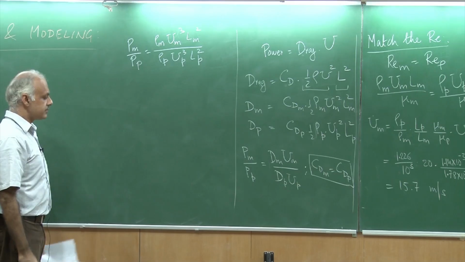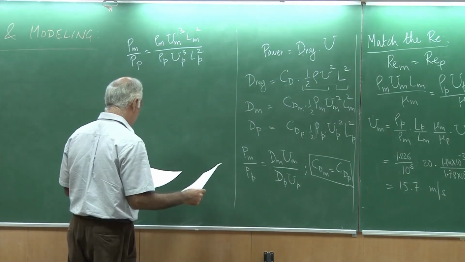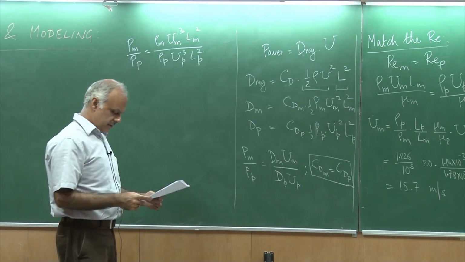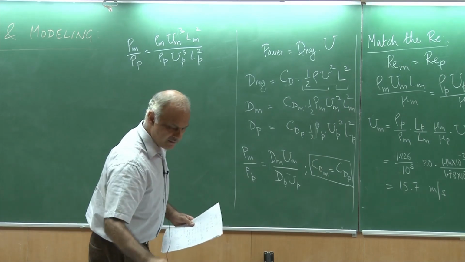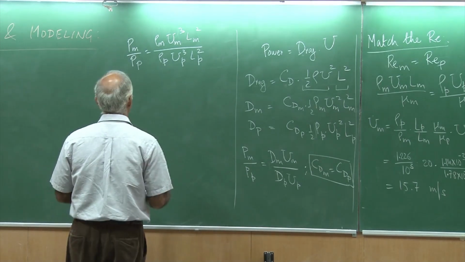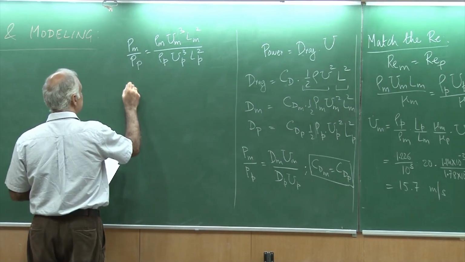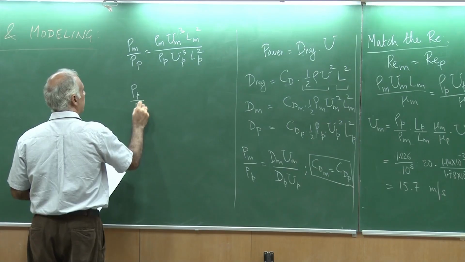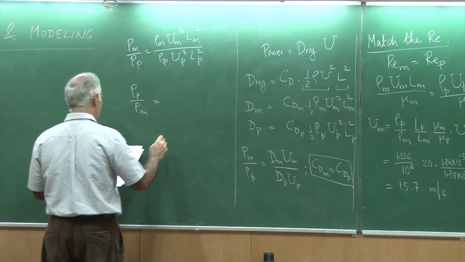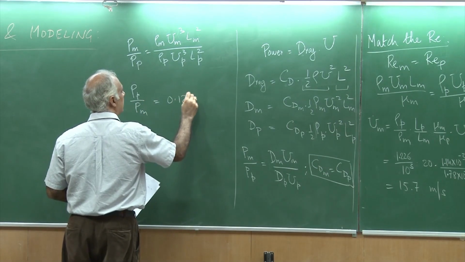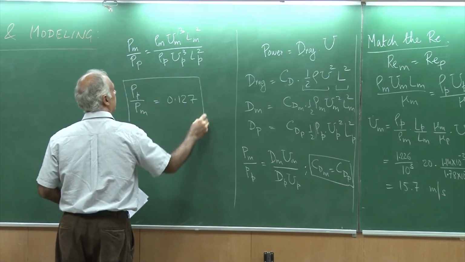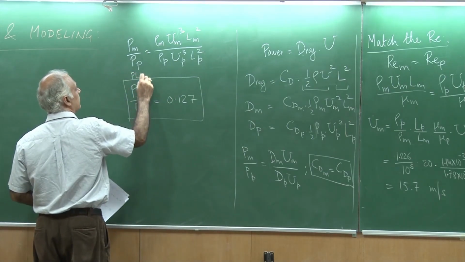Okay. If I put in the values, then I am going to find out that this P prototype by Pm would turn out to be 0.127 if I plug the values.